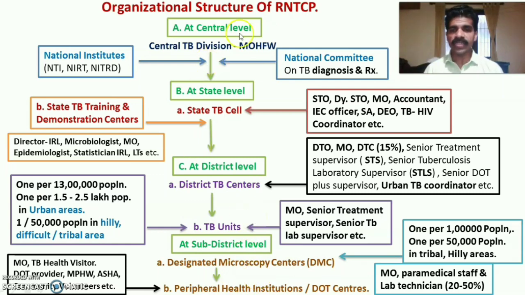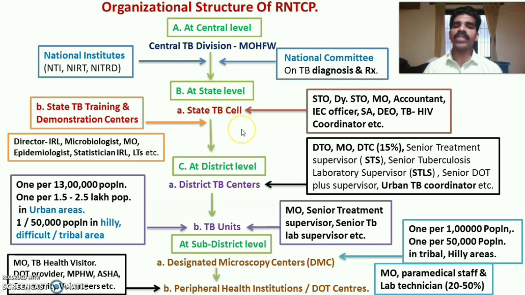At central level, we have the Central TB Division in the Ministry of Health and Family Welfare for the supervision and coordination of the organization of RNTCP services throughout the country. So it supervises and coordinates the functions of the RNTCP at the state level.